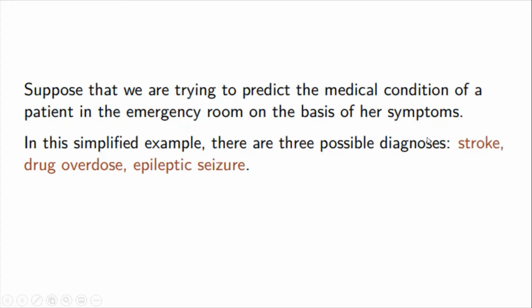The researchers are interested in three possible diagnoses: stroke, drug overdose, or epileptic seizure. So based on the symptoms, the outcome variable will be the diagnosis, with three categorical levels: stroke, drug overdose, and epileptic seizure.